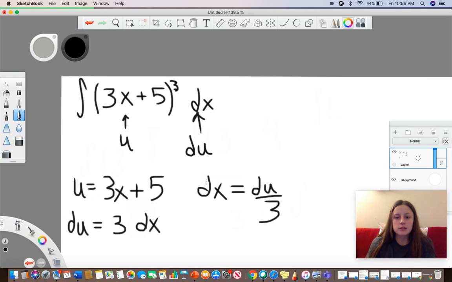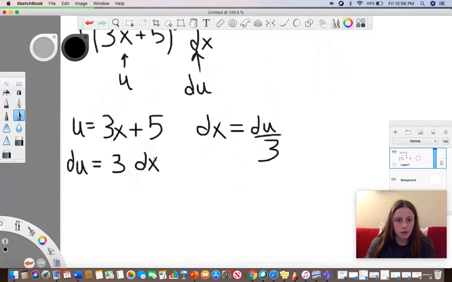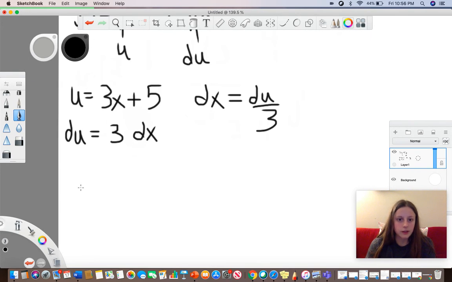And then instead of dx, we're going to put a du over 3 in its place. So that's how the substitution part works. So I'm just going to go down here and write it out, substituted. And make sure when you substitute these in that you do them all at the same time. It can get confusing if you substitute the u first, but then keep dx here instead.